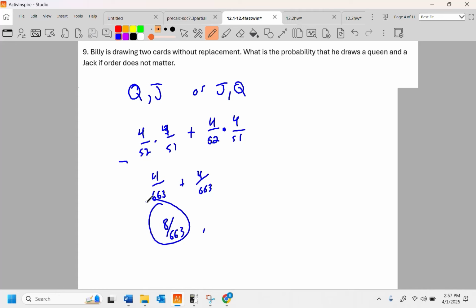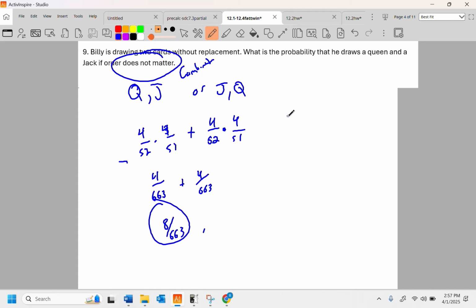Now, this one's not too bad. It says order does not matter, so I can use a combination. And I still have to kind of do the combination the same way. And it's kind of funny how you set this one up.